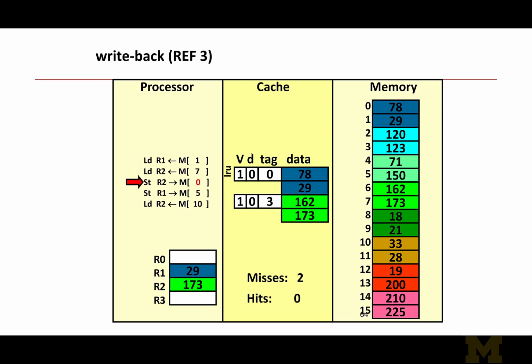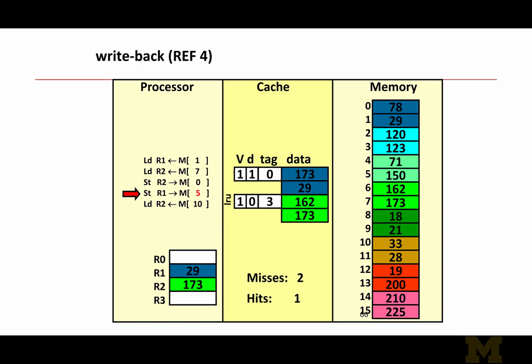Address 0, I'm going to write to the address 0, which means that R2, which is the value 173, has to be written definitely to the cache. So this value has to be modified, and I need to set the dirty bit to 1, and notice that I don't have to write this to the memory yet because this is a write back cache. And I carry on from here.